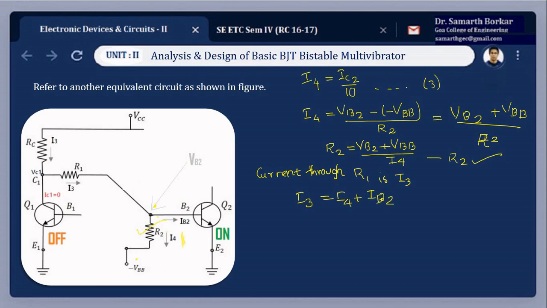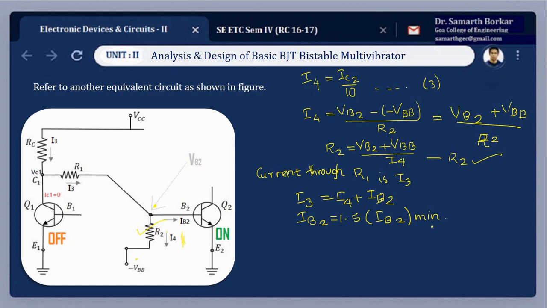So there is branching of this current IB2 and I4 from I3. Again, IB2 is 1.5 times IB2 minimum. Now what is the difference between this IB2 and IB2 minimum?